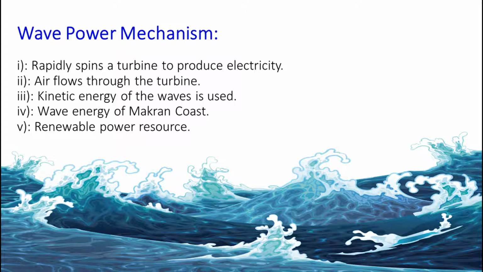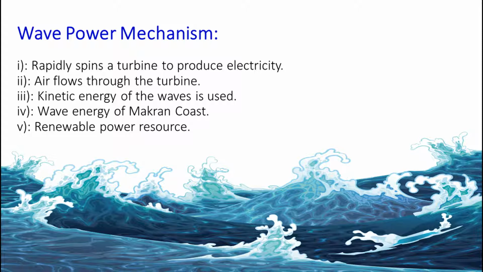Air flows through the turbine. As the waves go down, air flows through the turbine back into the chamber through doors that are normally closed. Thus, the turbines keep spinning.